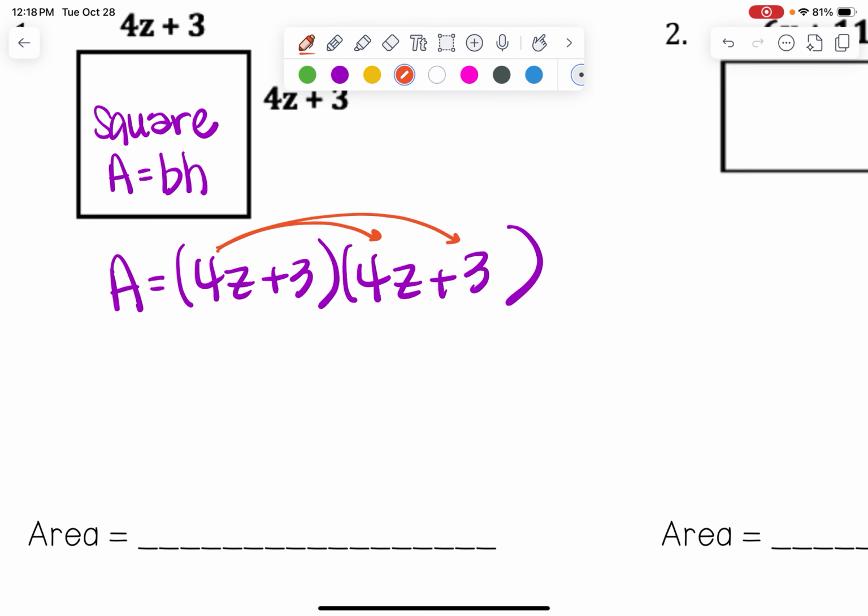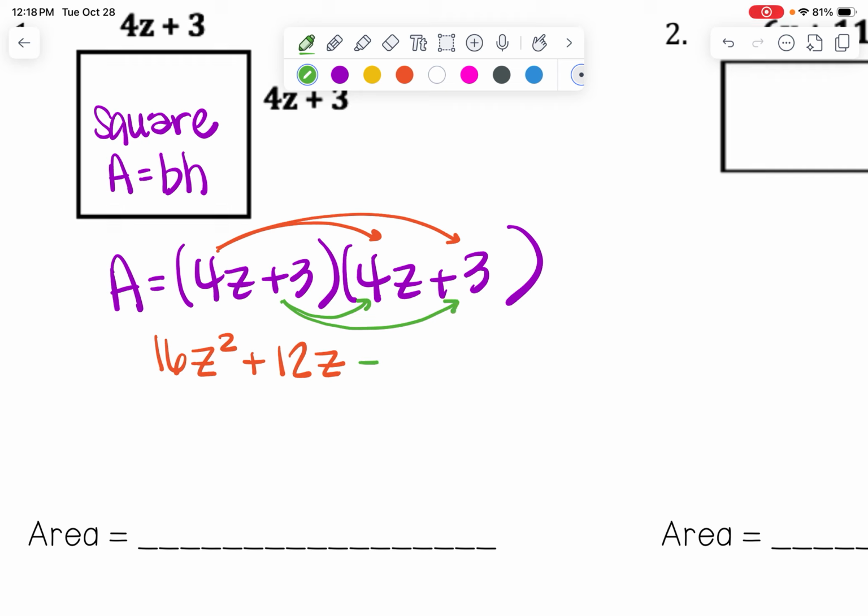So 4z times 4z is 16z squared. And 4z times positive 3 is positive 12z. All right, now I'm going to distribute my positive 3 over to both terms. So I get a positive 3 times 4z, which gives me another 12z's.